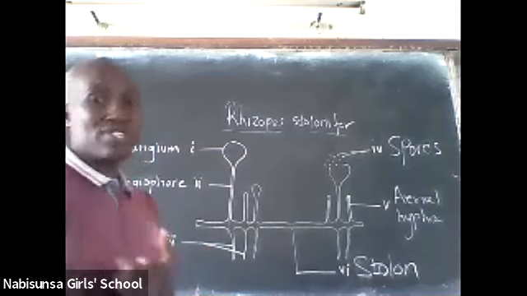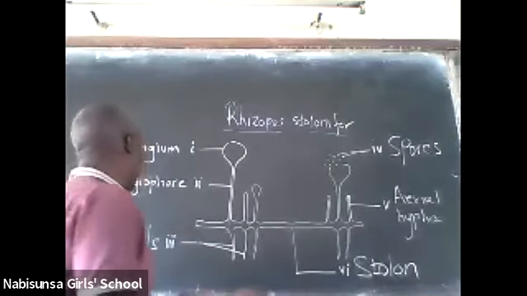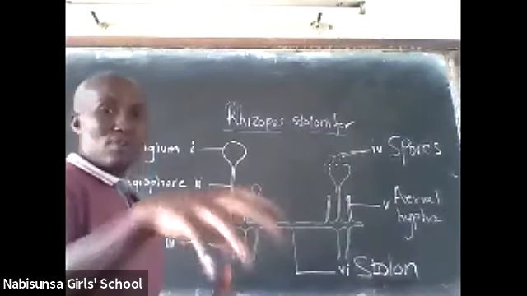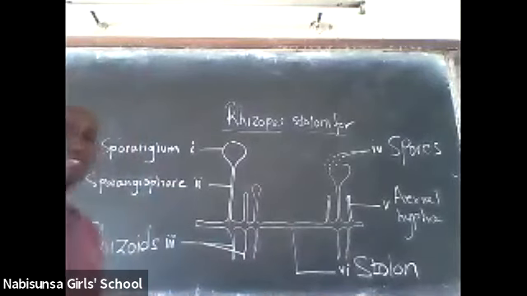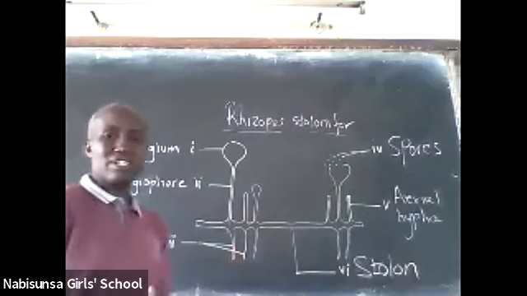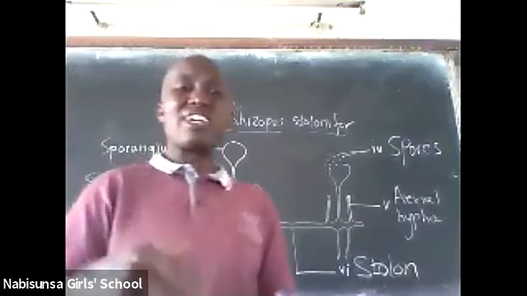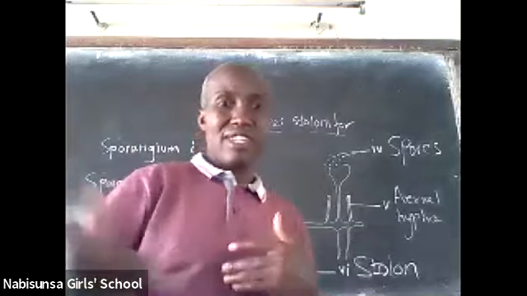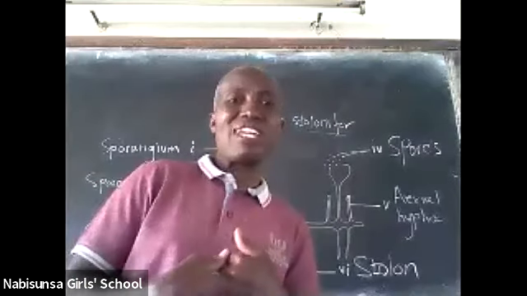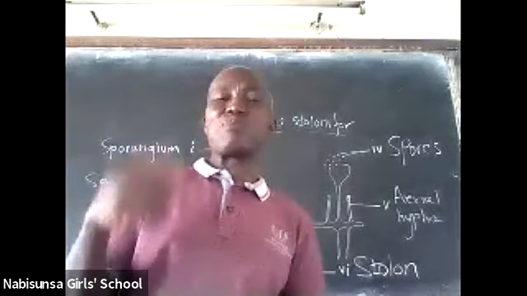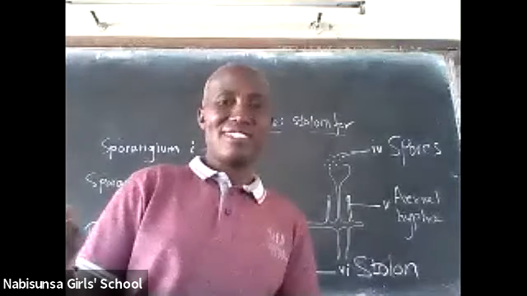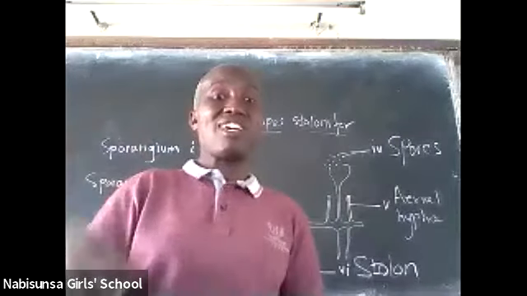Sporangiophore supports the sporangium. Then we have the rhizoids for absorbing nutrition, absorbing food. And then, of course, the stolon, someone said it's a linking hypha, so it links. Then who produces? Someone has a very good question. I've said the sporangium stores. It has spores, so I've said it stores.